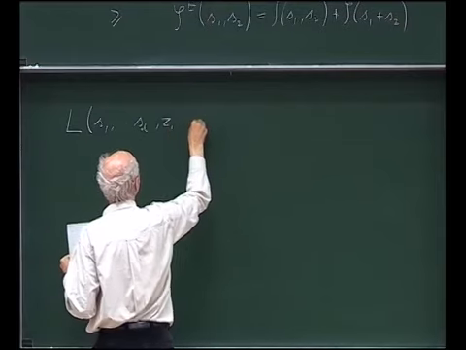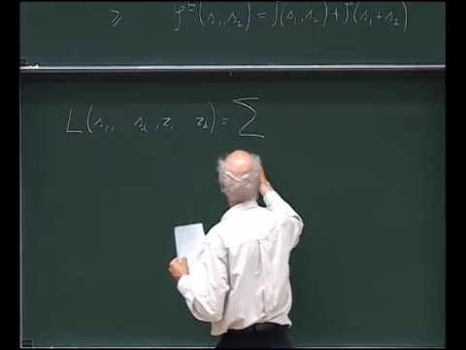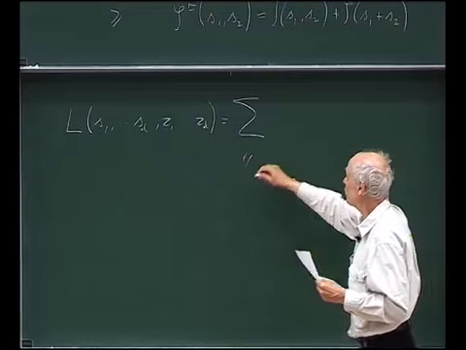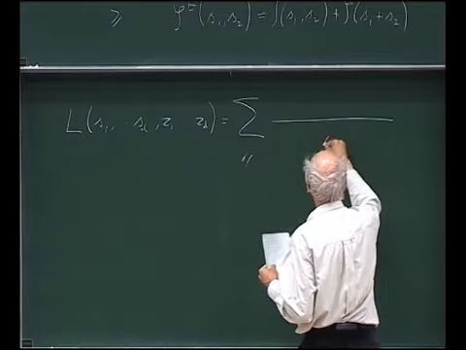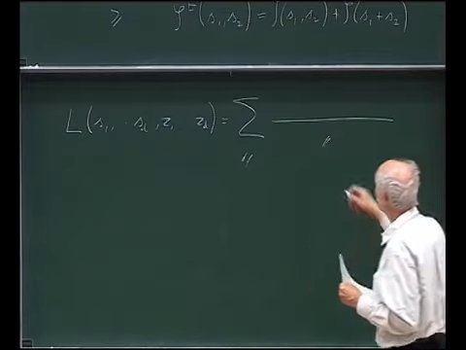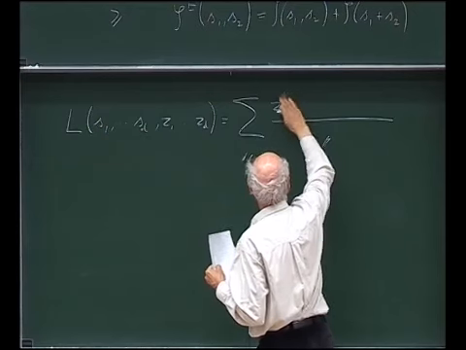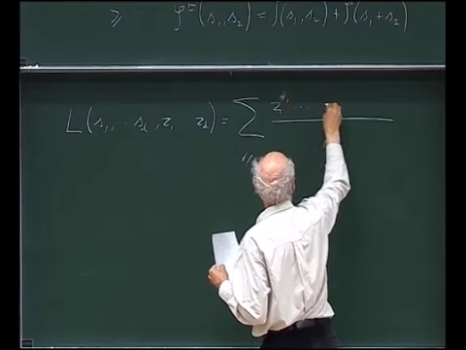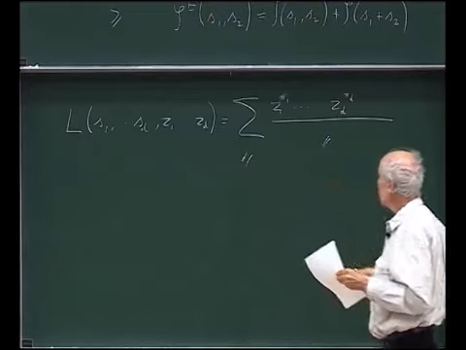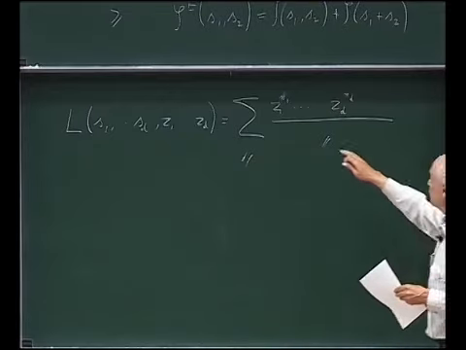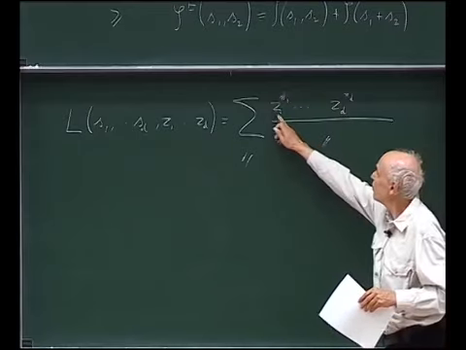Now there are some generalizations which are interesting. One of them is what I would call L of S1 to SD, Z1 to ZD. It's given by the same sum over the same d-tuple of integers, same denominator, but in the numerator you put z1 to the n1 up to zd to the nd.